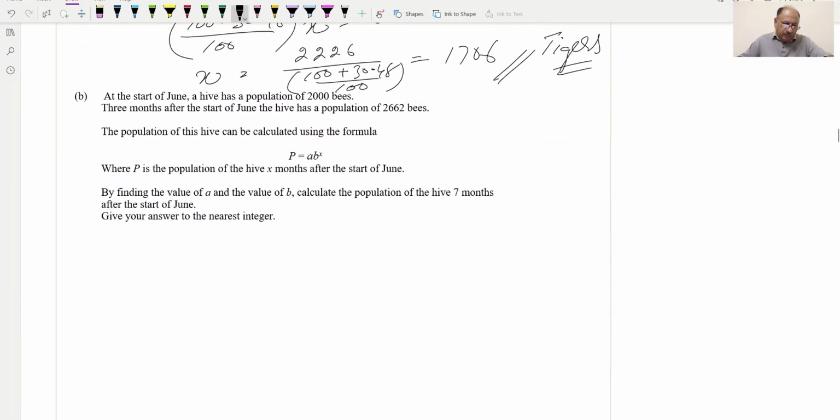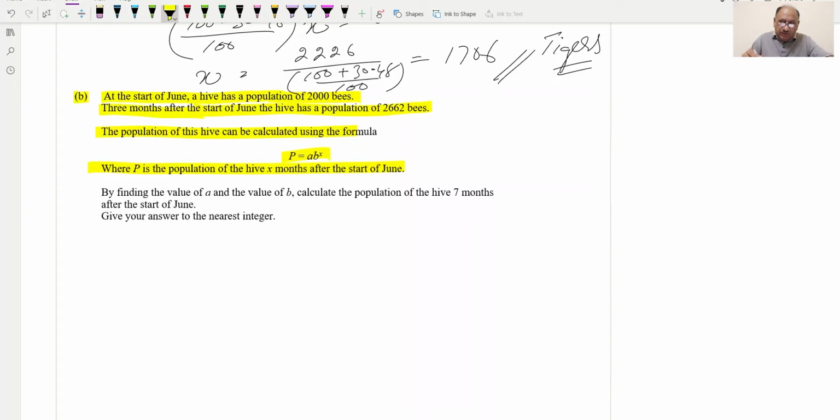Done. Now B part, and B part says at the start of June a hive has a population of 2000 bees. 3 months after the start of June, the hive has a population of 2662, and the population of this hive can be calculated using a formula, and the formula is this one, where P is the population of the hive x months after the start of June.